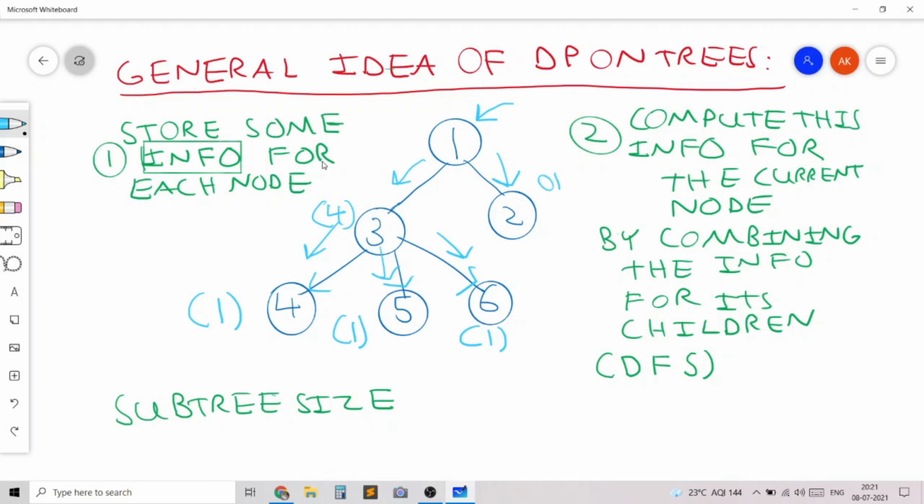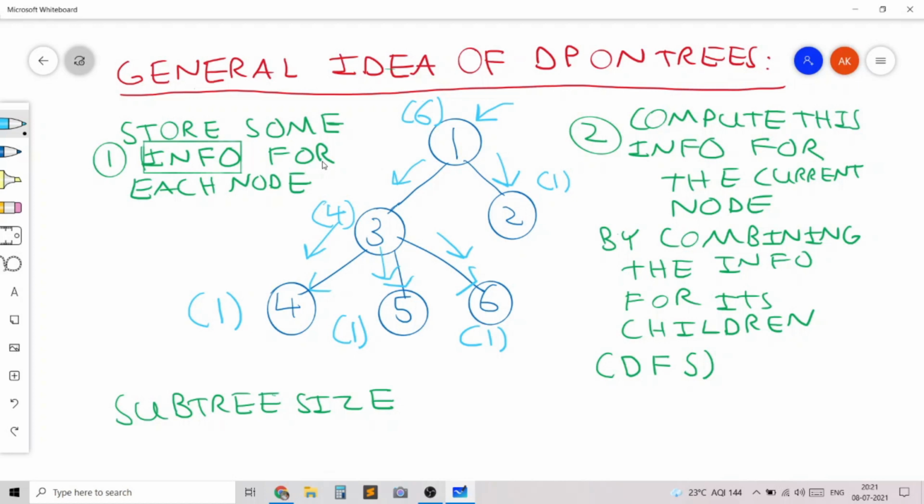Similarly, you can see that the subtree size of 2 is 1, and the subtree size of 1 is 6. So in this problem, our DP state is just the subtree size of each node. That's step 1. And step 2 was computing the information for the current node, for node 3 let's say, by combining the information for its children.